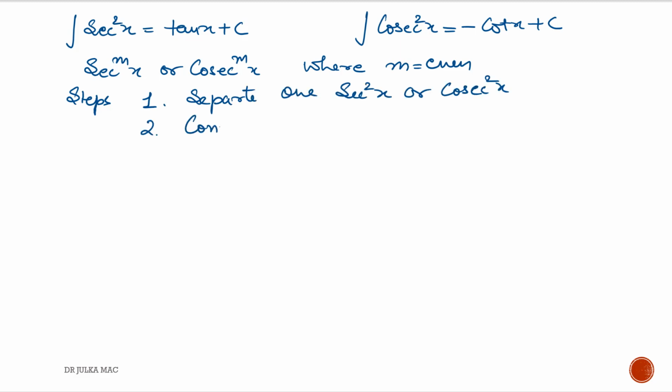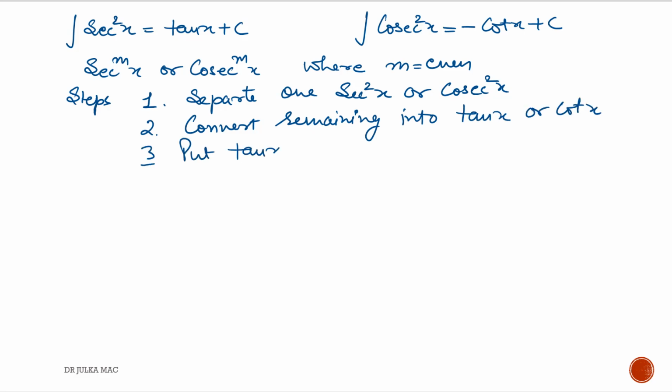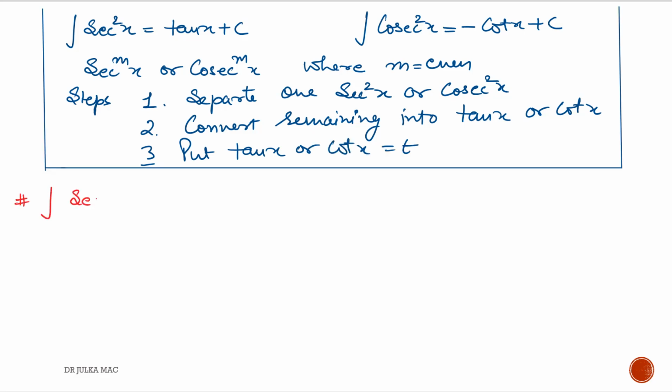Then we convert remaining in terms of tan x or cot x. Then we put tan x or cot x equals to t. We will explain with the help of example.